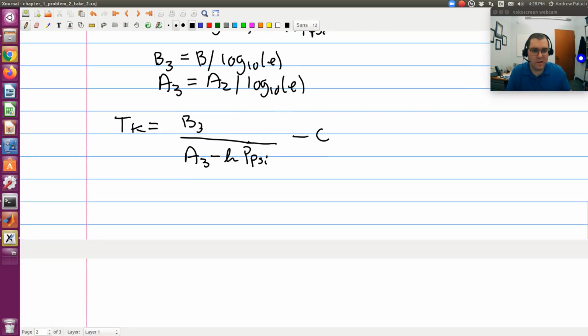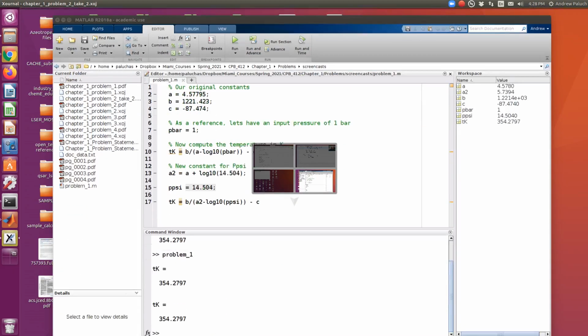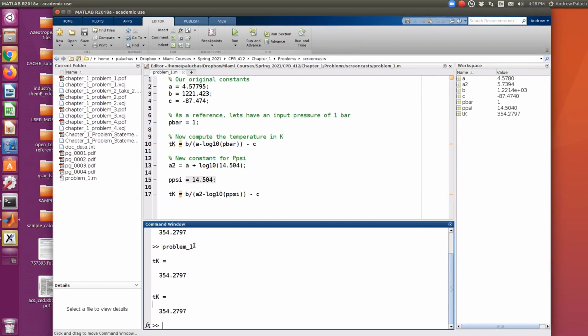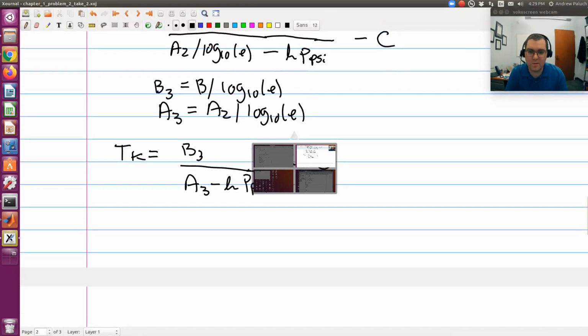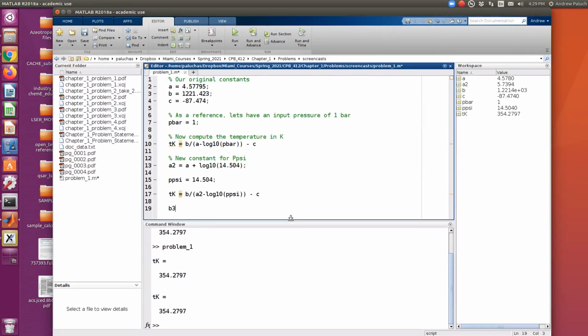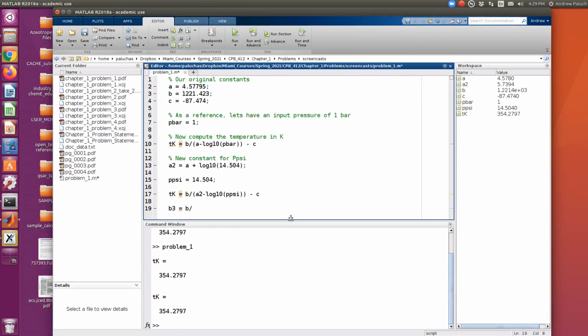Now let's do another check to make sure that we have got this right. I'm going to go down here to my MATLAB code, this is all good. Here's my expression using psi. What I'm going to do next is define some new constants. We're going to say b3 is equal to b divided by log base 10 of e, where I raise exponential of 1.